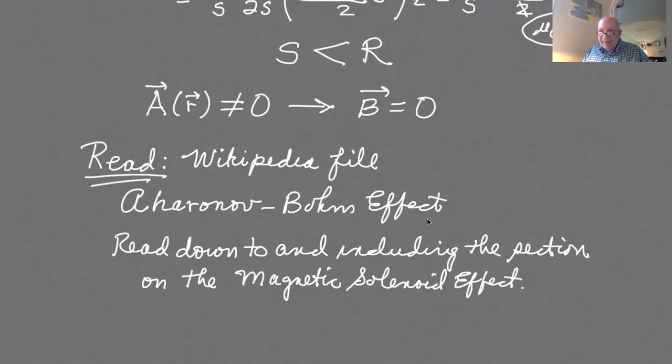I would like you to read that and make the connection between what you've learned in E&M in a rather simple problem and the impact it had in quantum mechanics and the far-reaching ramifications it had for quantum mechanics in the late 20th century. Really important. So I'll pick it up from here in the next installment, and we'll just keep on pushing along.